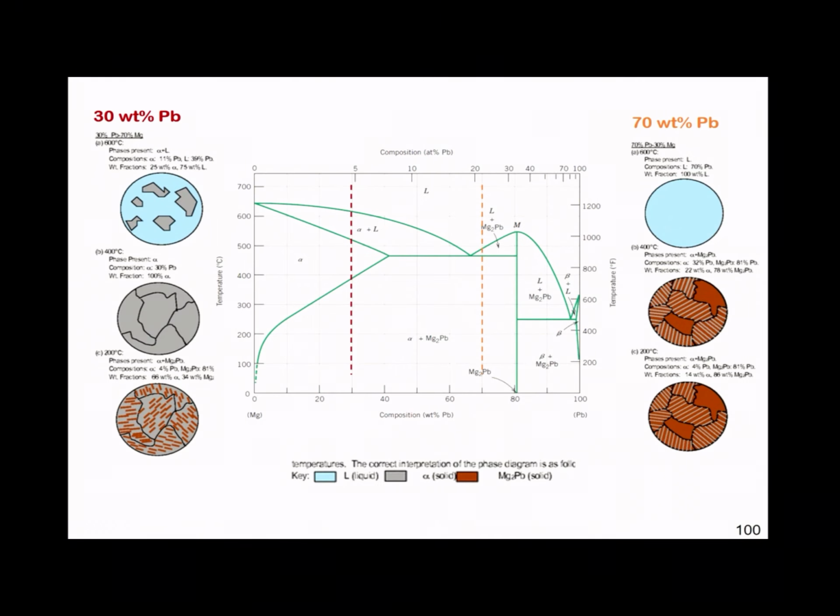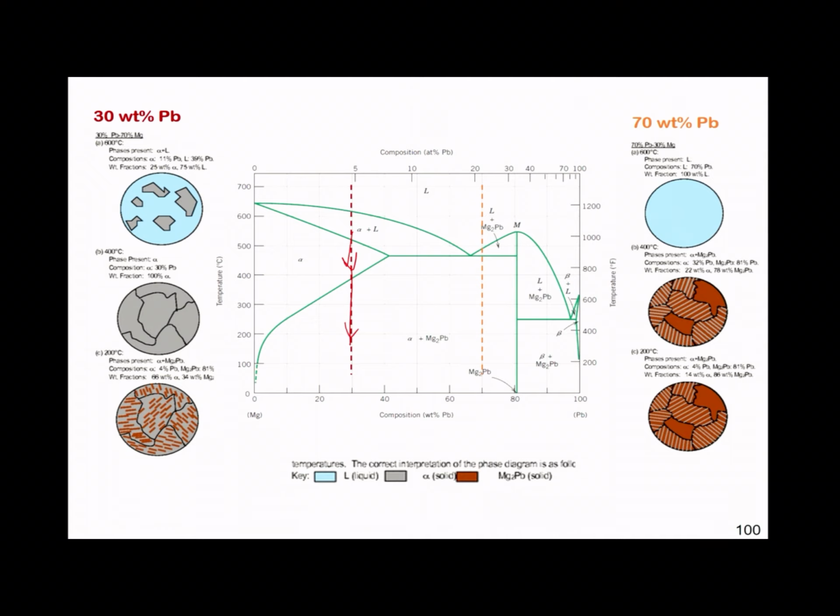And so here you see the different microstructures, very similar to how you would go about drawing the microstructure for a region that goes through a single phase field and then ends up in a two-phase region. You could see in the orange specks here how the magnesium 2 lead could form once you solidify alpha.